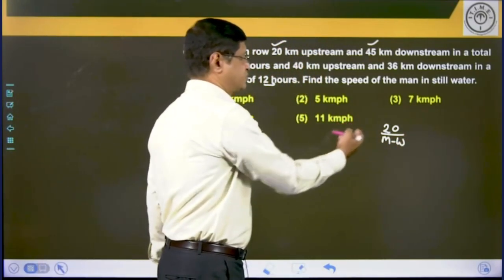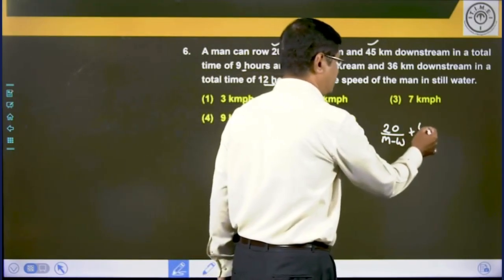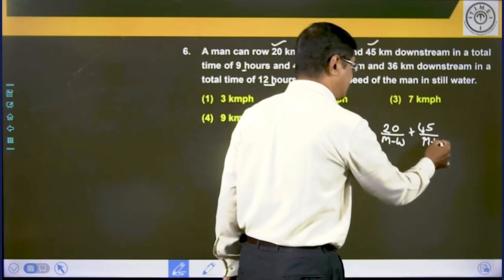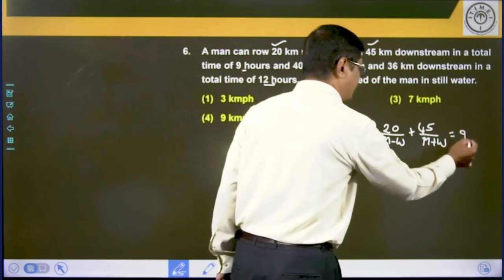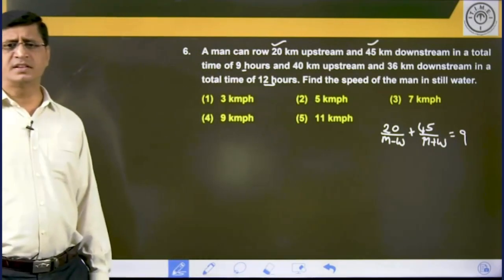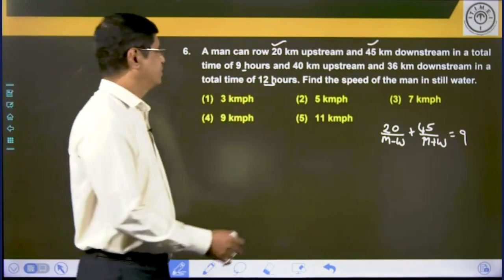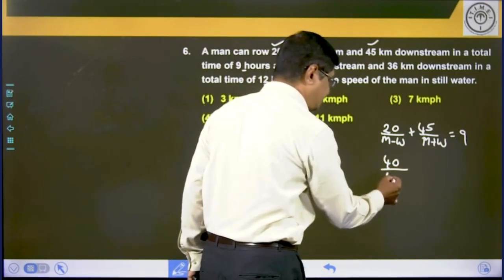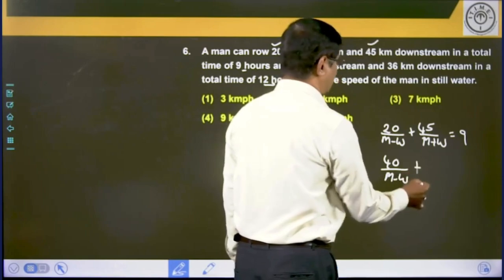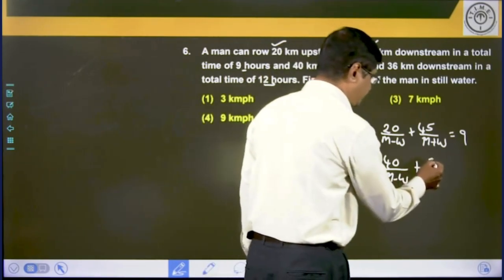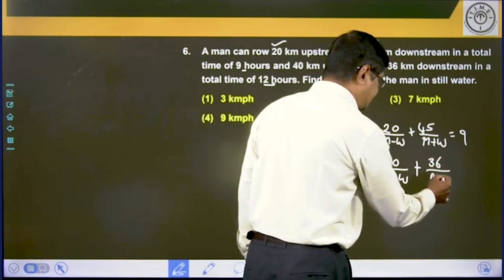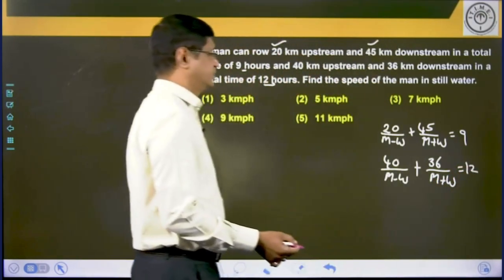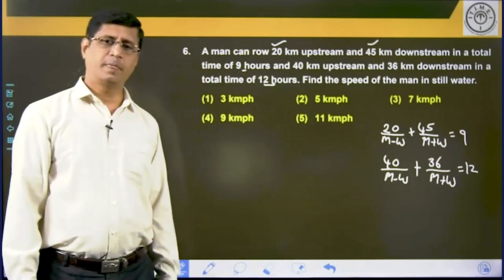So distance by speed: 20 by M minus W plus 45 kilometer downstream, M plus W, is equal to 9 hours. In the same manner, the second equation: 40 kilometer upstream is M minus W, and 36 kilometer downstream, M plus W. What is the total time? It is 12 hours.